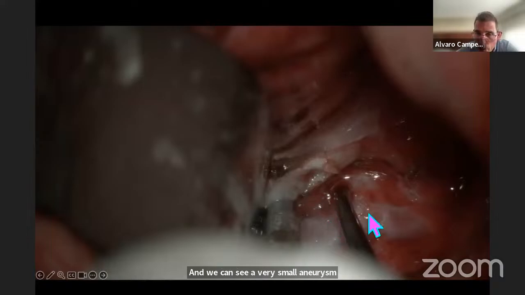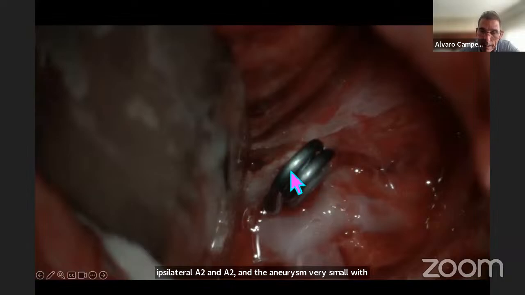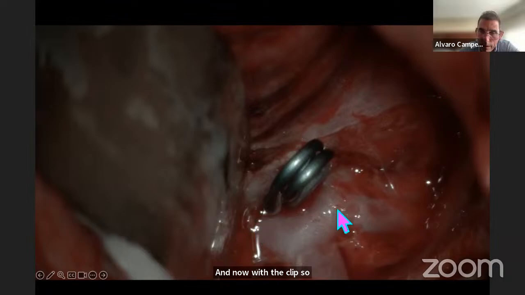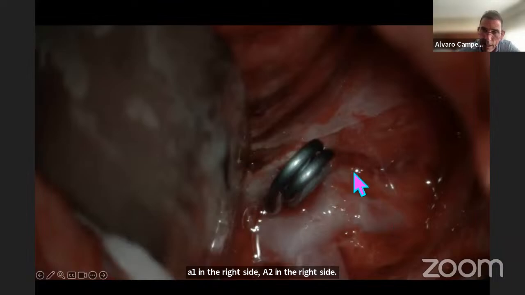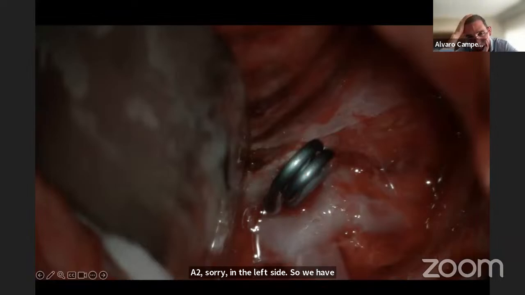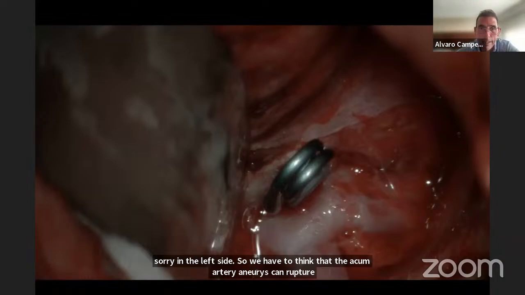This is the ACom, A1 contralateral, A1 ipsilateral, A2 and A2, and the very small aneurysm with the blood from the hemorrhage, and now with the clip: A1 on the right side, A2 on the right side, ACom artery, A1 on the left side, A2 on the left side. So we have to think that the ACom artery aneurysm can rupture even when very, very small.